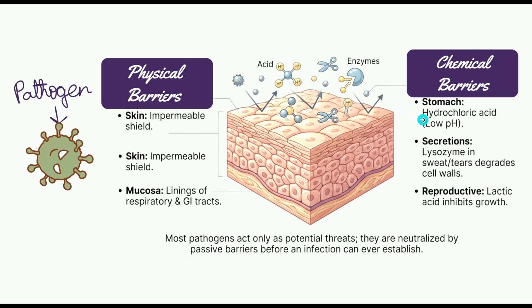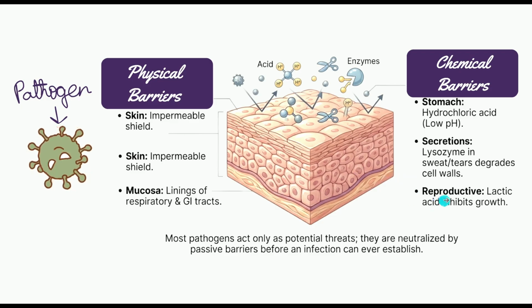The stomach, which has gastric acid, has a very low pH, denaturing proteins and destroying most pathogens ingested with food or mucus. The lysozyme, which is found in our tears, saliva, and mucus, breaks down the cell walls of bacteria.